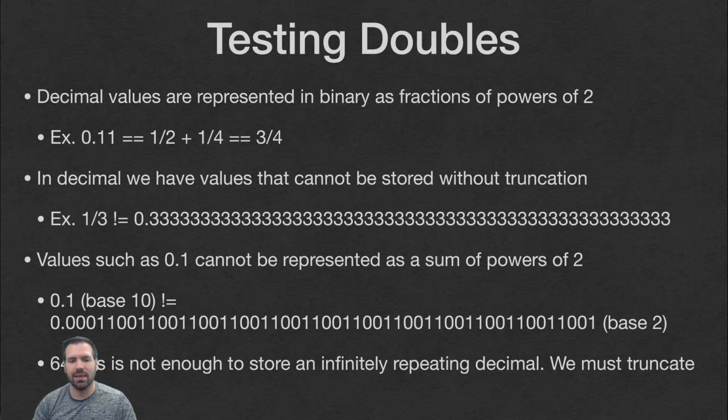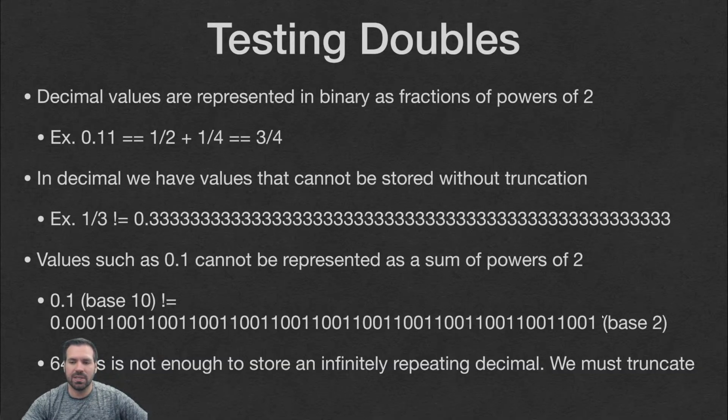It's just 1/10, 0.1. But in base 2, it's equivalent to 0.00011, 0011, 0011, and that 0011 repeats forever, out to infinity. So at some point, we have to stop writing down 0011 because in our case, we only have 64 total bits, which is not an infinite number.